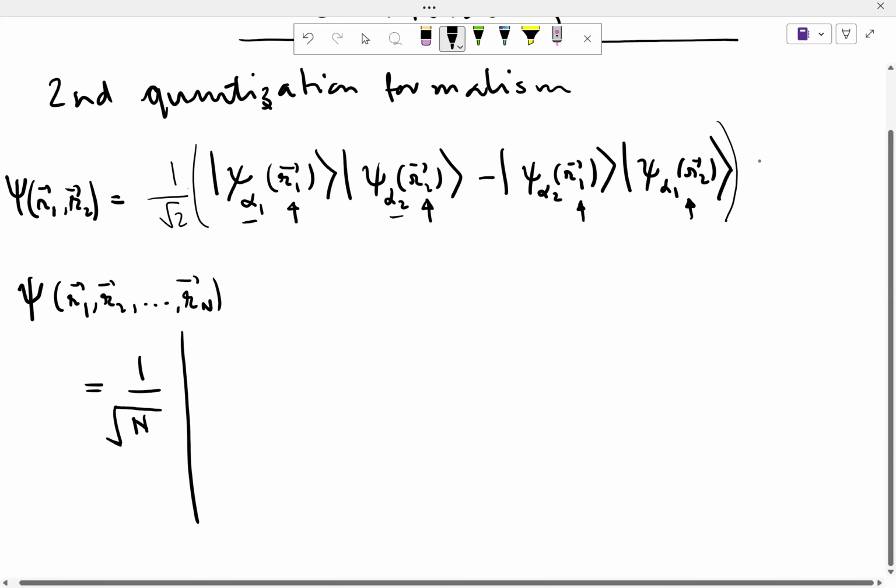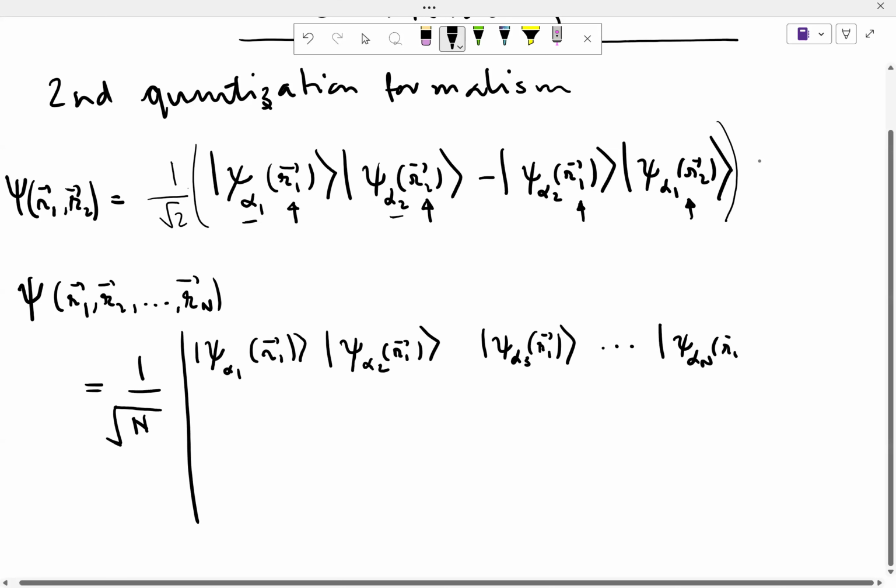That determinant is given by psi alpha 1 R1, psi alpha 2 R1, psi alpha 3 R1, all the way up to psi alpha n R1.